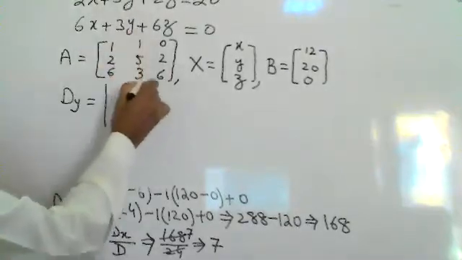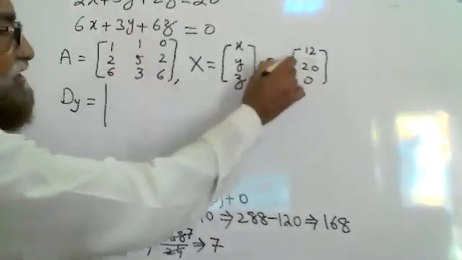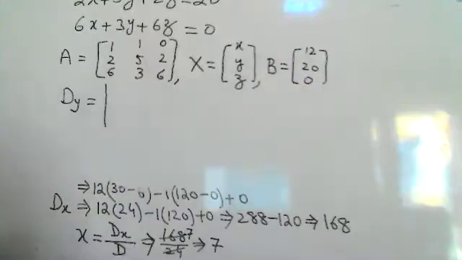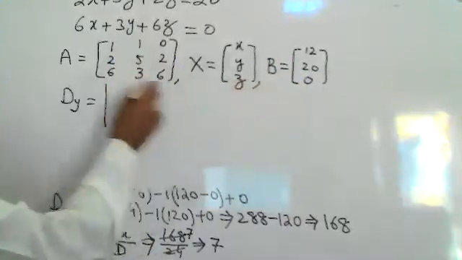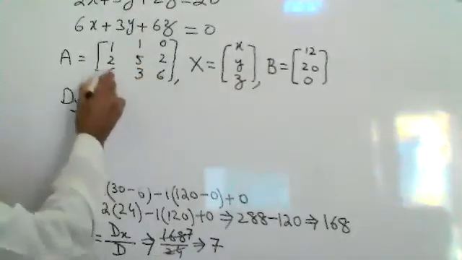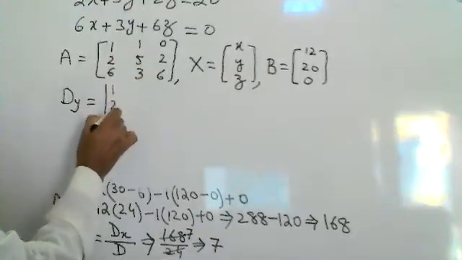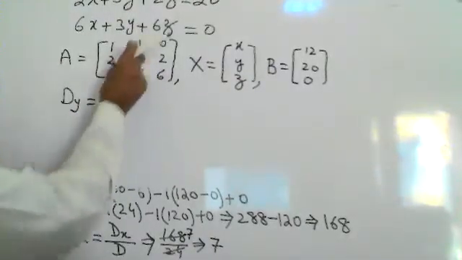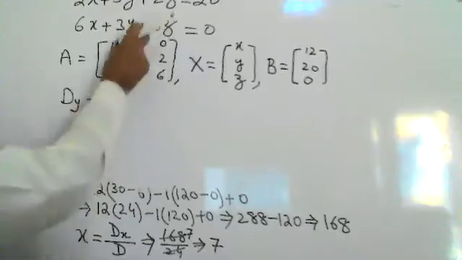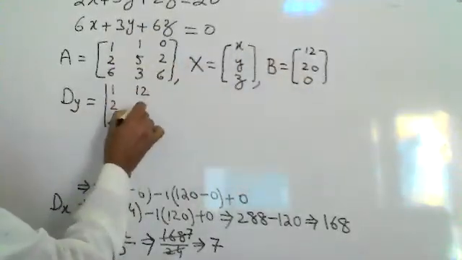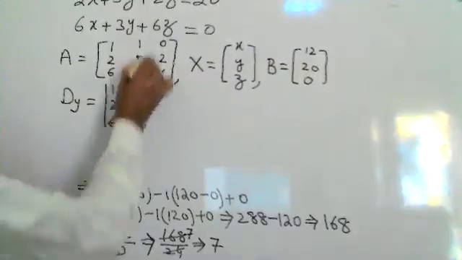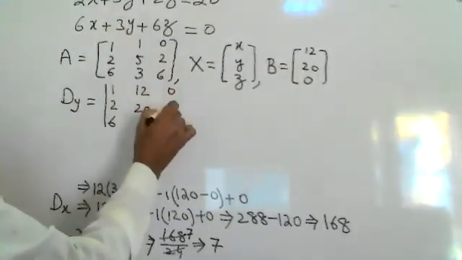The coefficients of y will be replaced by constants. The remaining two columns remain as it is, 1, 2, 6. And the coefficients of y in dy are replaced by the constants 12, 20, 0. And the third column will remain as it is.